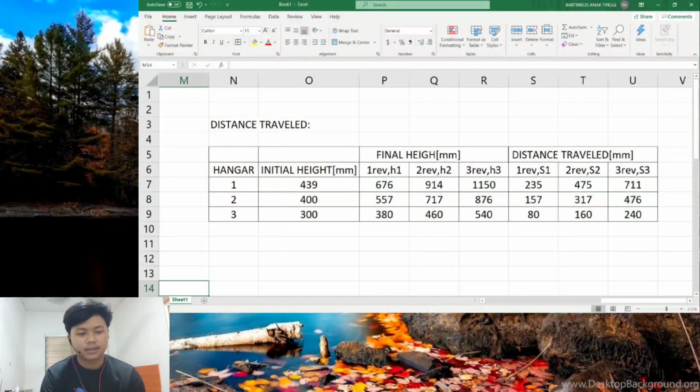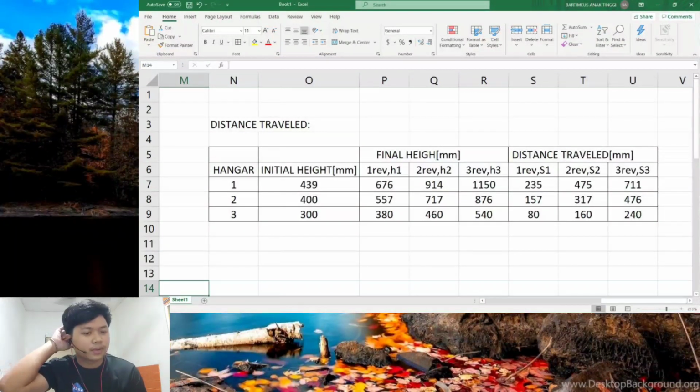For the second table, which is the distance travel table, you can see the answer of distance travel by using the formula S equal to final height minus initial height.